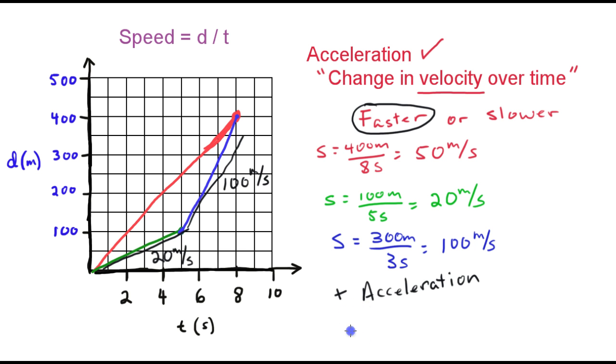If it was getting slower, we would call that a negative acceleration. I'm using the symbols just because I'm too lazy to spell it out and I don't have room. So in this case it was a positive acceleration because it went from 20 meters per second and sped up to 100 meters per second.